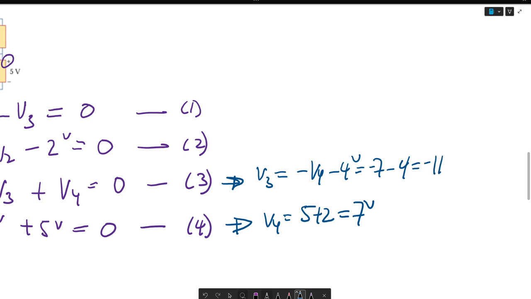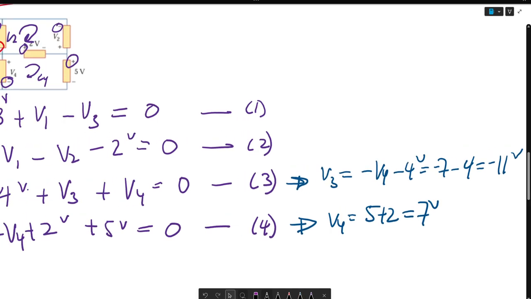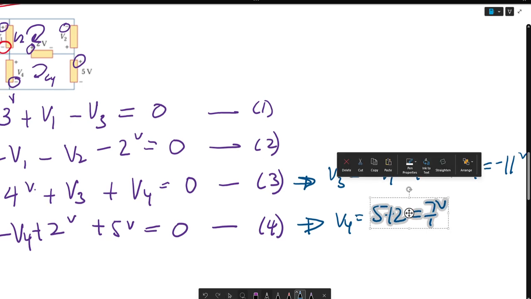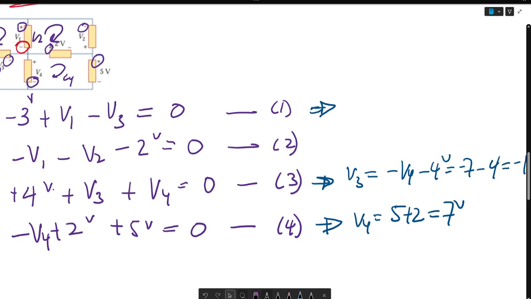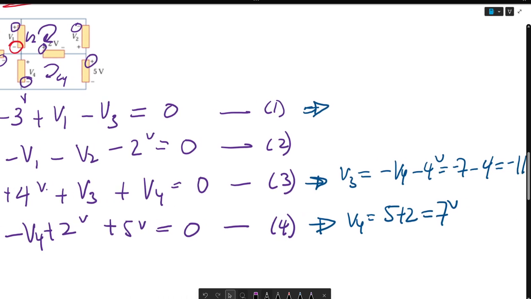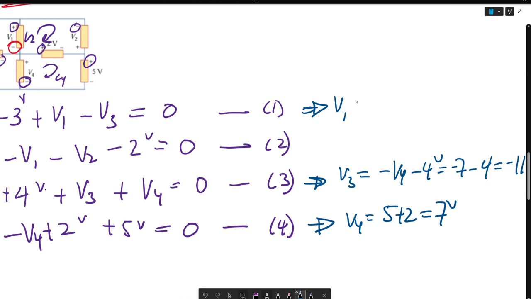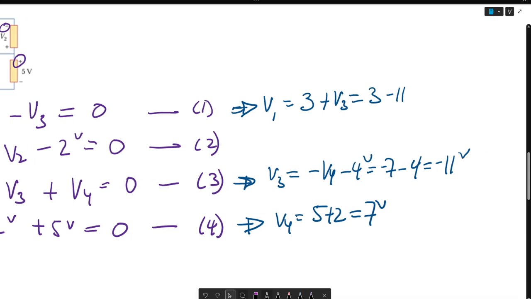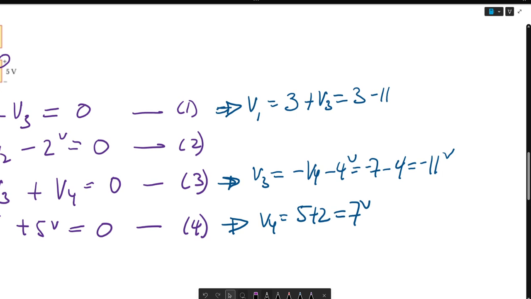Oops, sorry. Yeah, which is equal to negative 11 volts. And then let's go up to the first loop, and we could say V1 is equal to 3 plus V3, which is equal to 3 minus 11, which is equal to negative 8 volts.